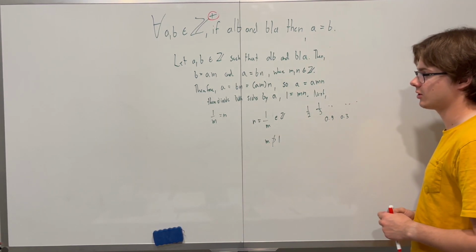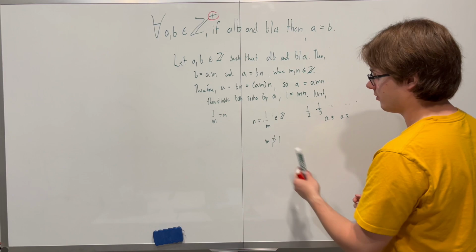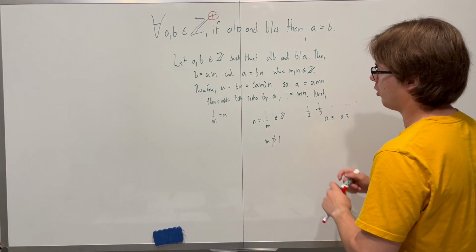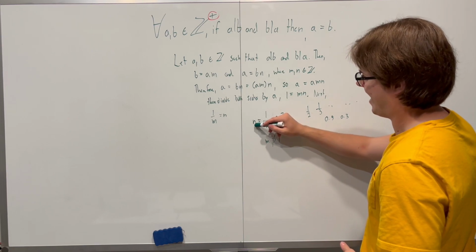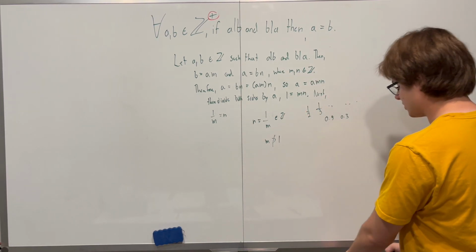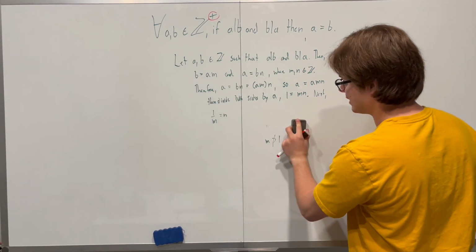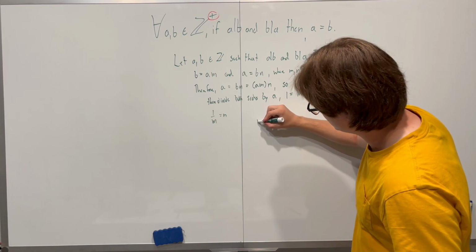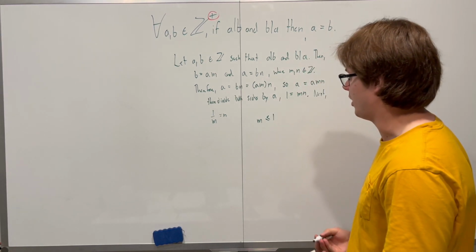You can think of any integer in the world that's positive and greater than 1. So then we break the rule that m is greater than 1 and n is an integer, but n can't be an integer if n is equal to a fraction like this. So, okay, we know it can't be true that m is greater than 1. So m, in this case, must be less than or equal to 1.